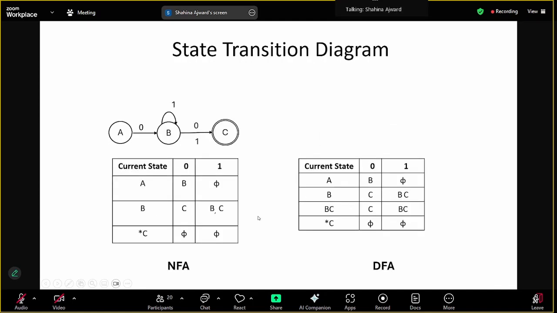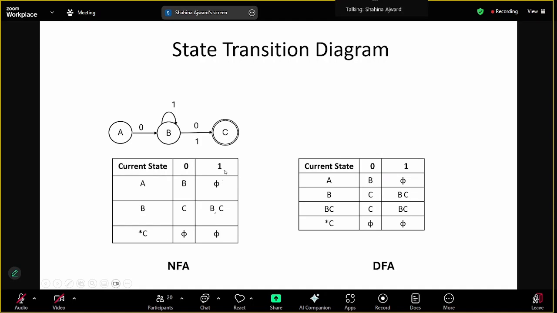Or do you want me to explain? Right. So now what we check is C. For the C, if it gets 0, it goes nowhere, so we have defined it as phi.